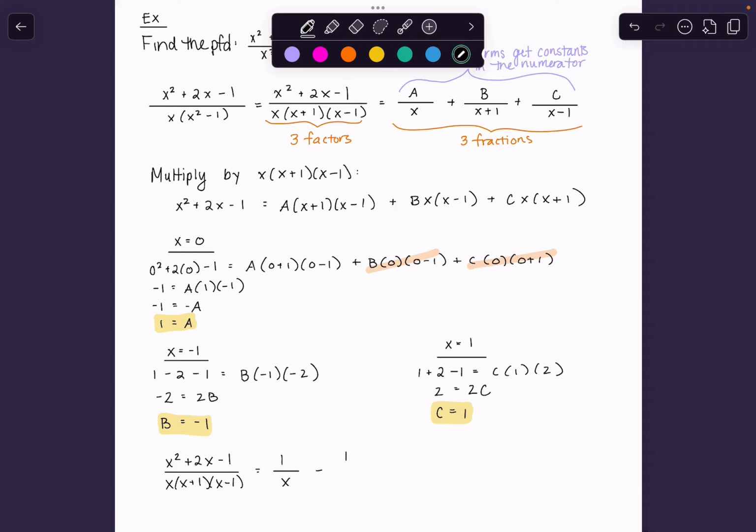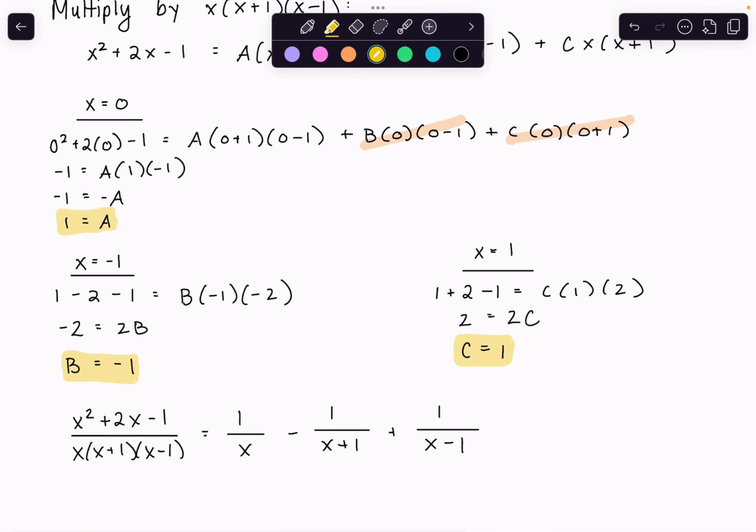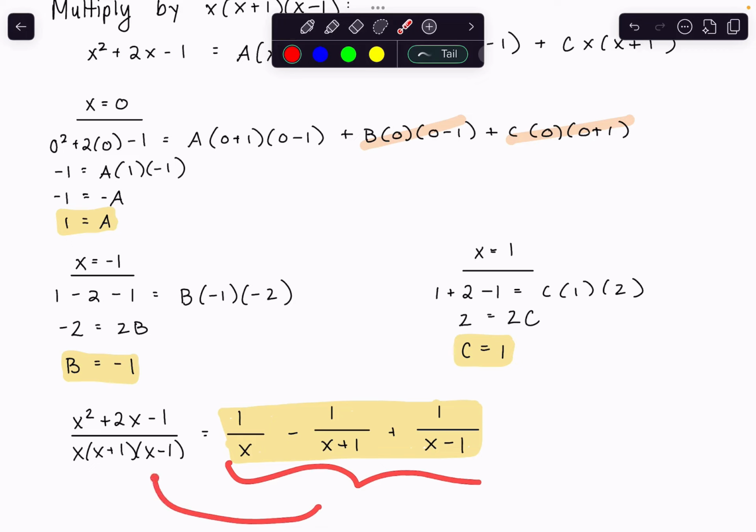Then we have b over x plus 1 and c over x minus 1. So again, if you were to go ahead and add these three things together, you would see you get exactly what is on the left. So again, it is reversing that process because we are so used to adding these and getting this expression, but we're doing the exact opposite.